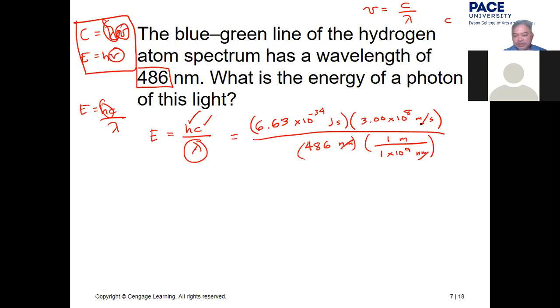So cancel the units. You have here joules, which is a unit of energy, and that would be equal to what? 6.63 exponent negative 34 times 3 exponent 8, divided by 486 divided by 1 exponent 9. So I have 4.09 times 10 to the negative 19.